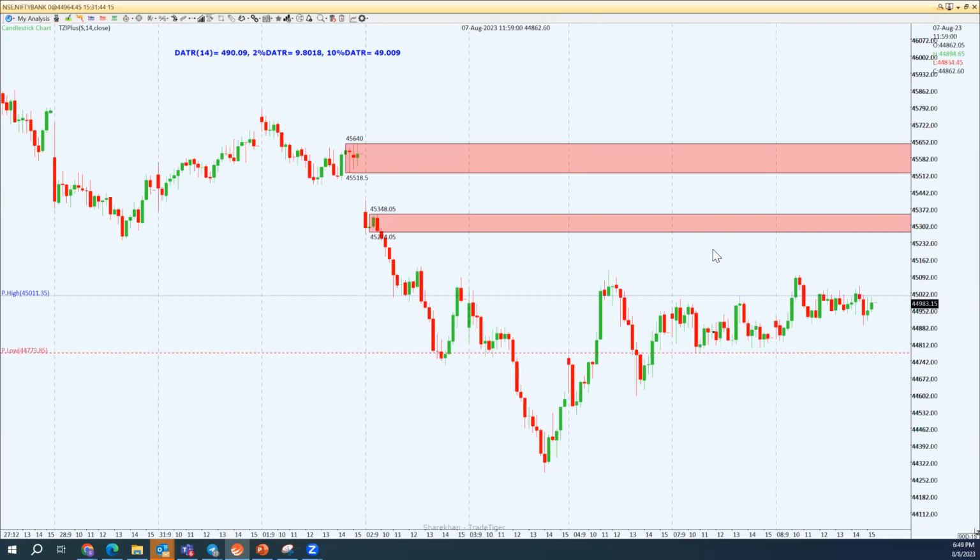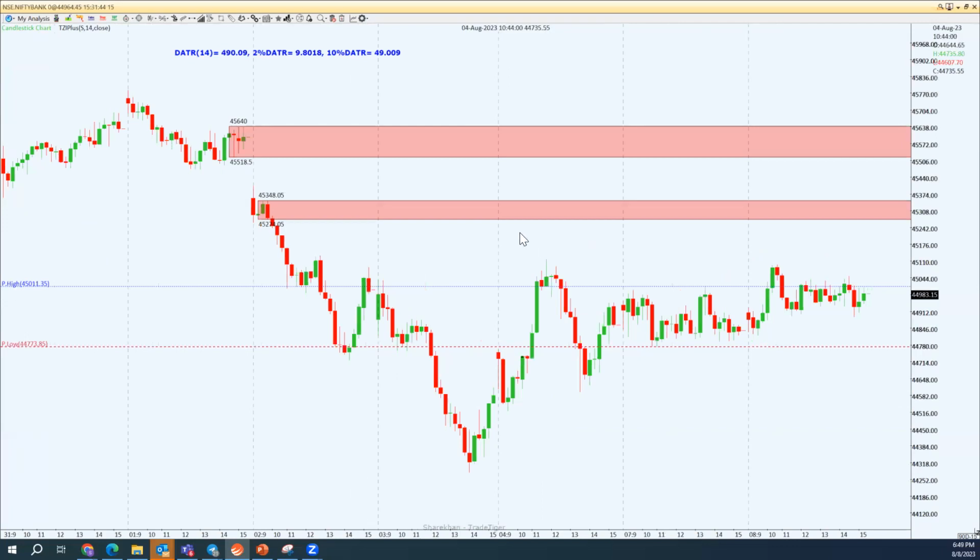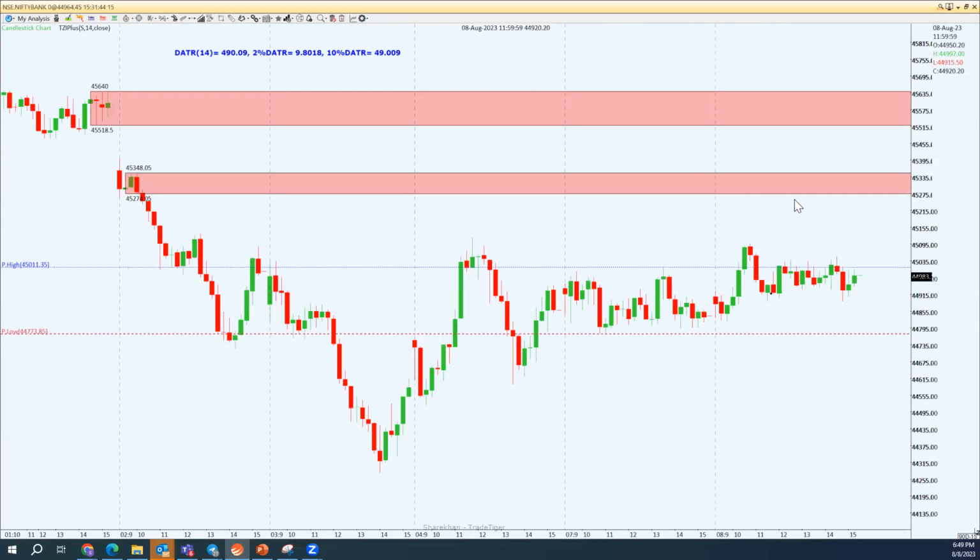And the same thing in Bank Nifty. If it goes close to 45,274 and if you see any indecisive candle, we'll look to go short over there. And if it goes above, we'll be a bit cautious and try to scalp this small 150 points till the 45,500 level.